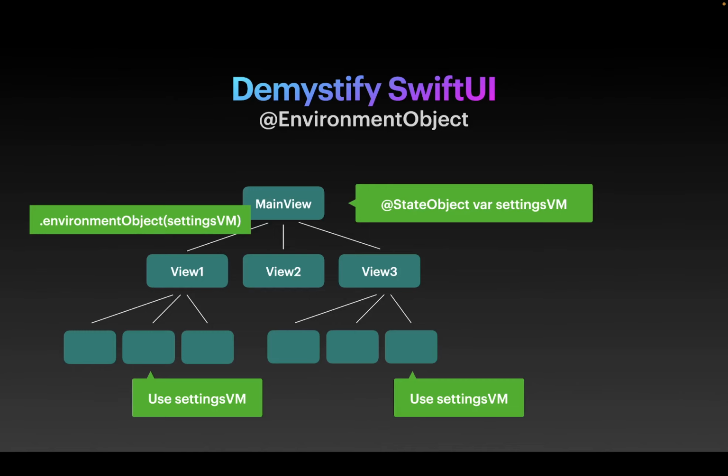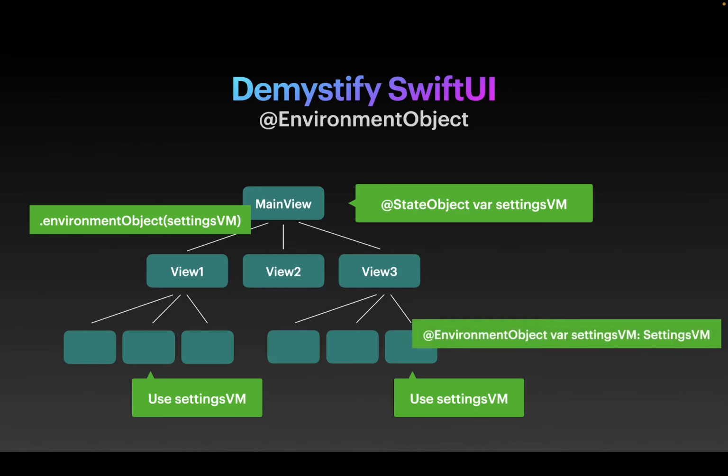But how are we supposed to use that? In this view, we just declare a variable marked as @EnvironmentObject. You don't have to use the same name here, you just have to make sure the type is correct, and SwiftUI will figure out what kind of data you want to fit into this context. So you pass this settings view model right at the top of the main view.